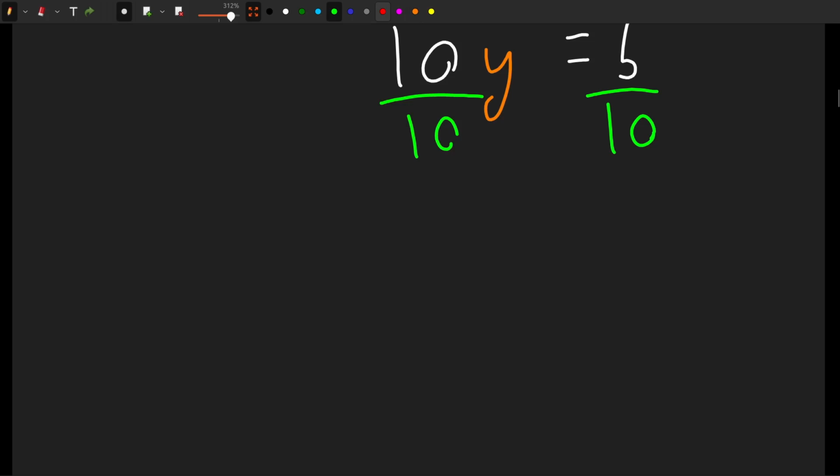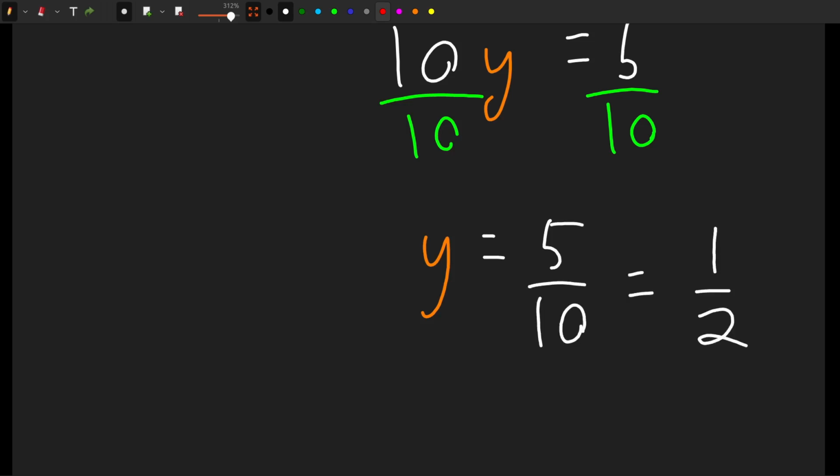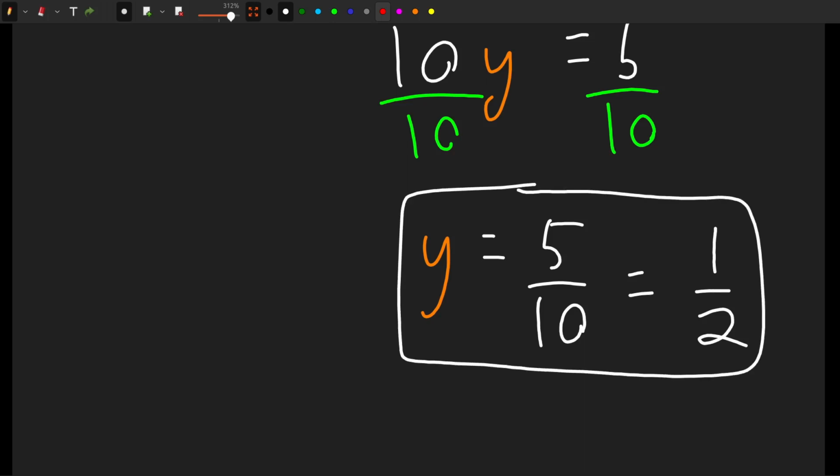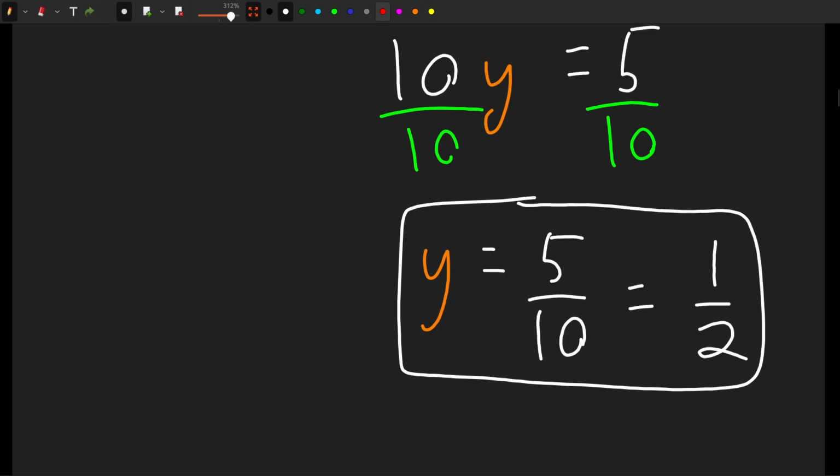And so I would be left with y is now equal to 5/10, but we all know 5/10 can be simplified to 1/2. And there's the answer. So we have our x-intercept of 5/12, and then our y-intercept of 1/2. And that's in the case of any linear equation.